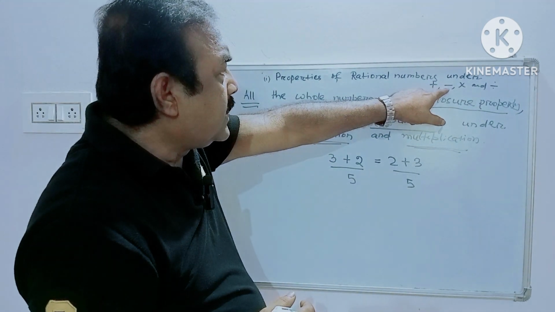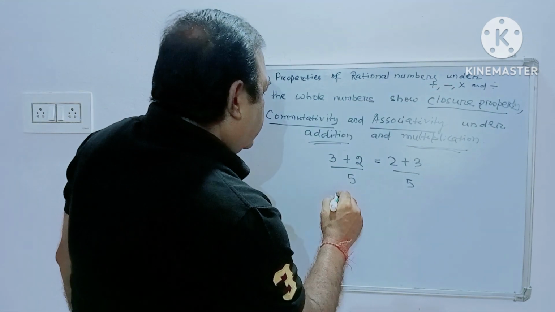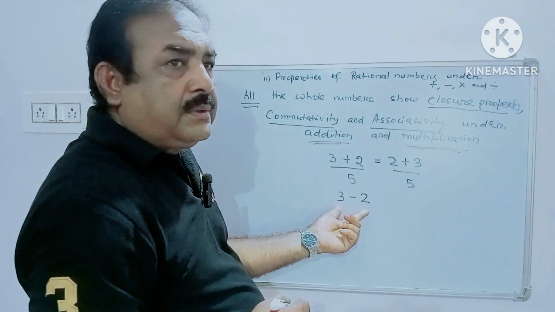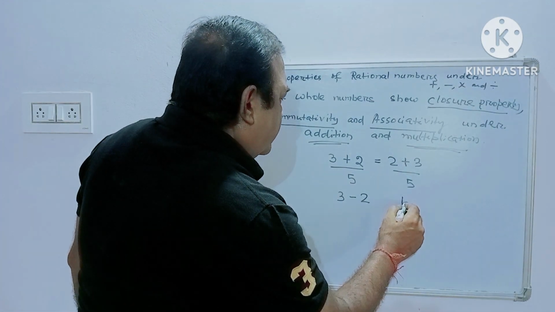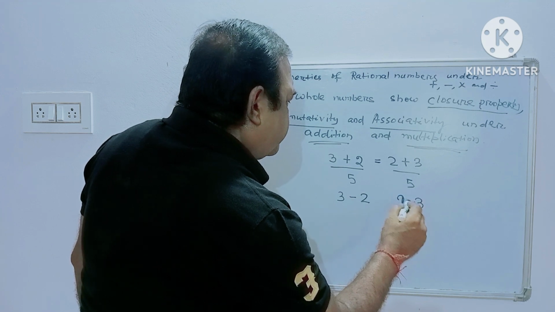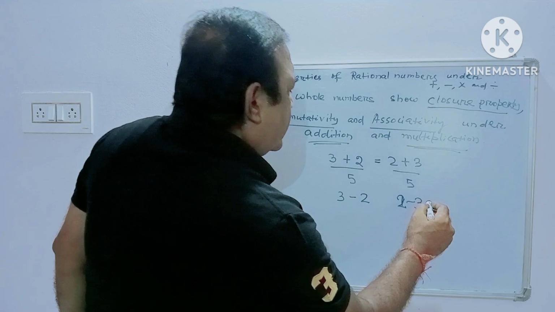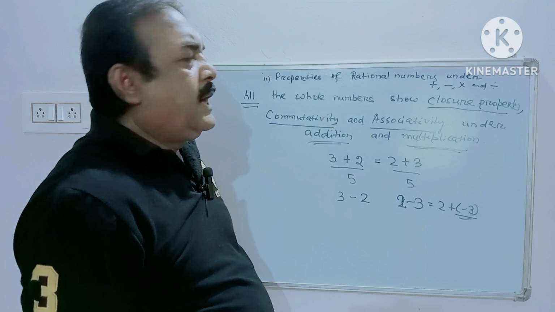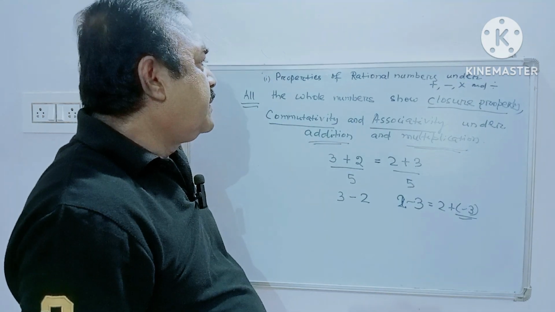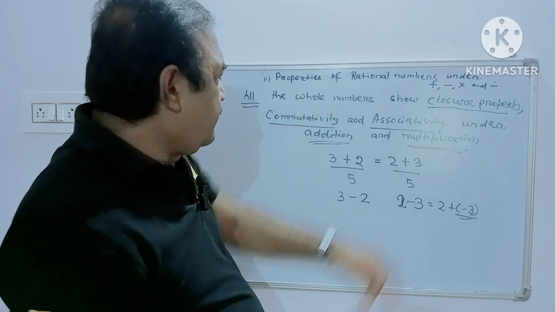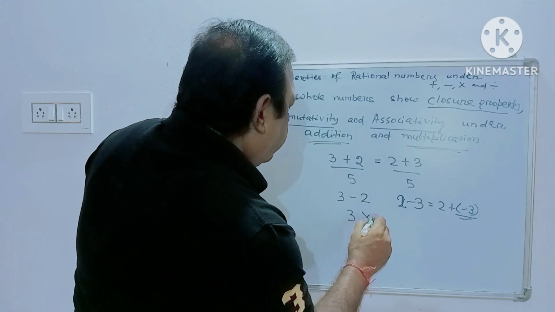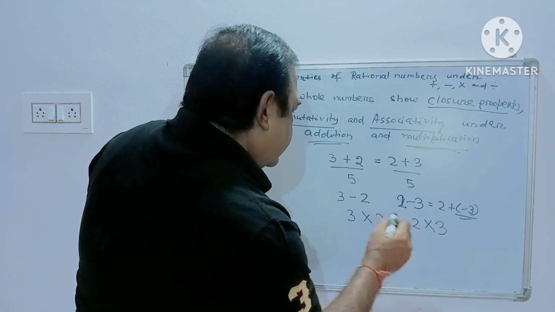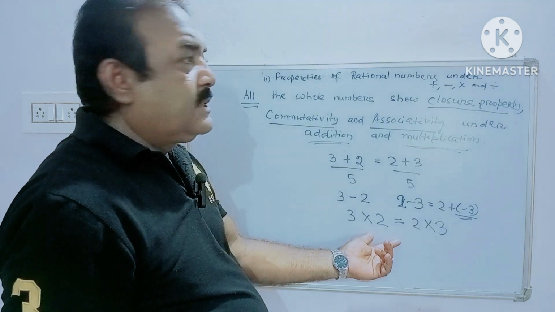Now I will use the basic operation subtraction. 3 minus 2 is 1. But 2 minus 3 is 2 plus of minus 3, and I cannot use negative numbers in the case of whole numbers. Then come to multiplication. 3 multiplied by 2, and 2 multiplied by 3, in both cases the product remains unchanged.